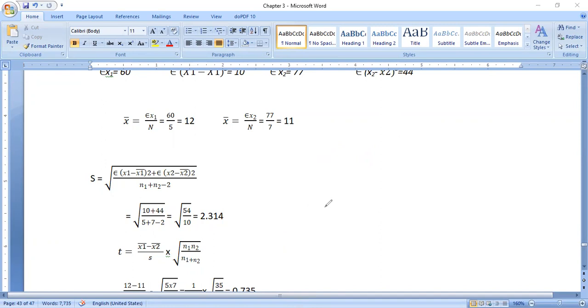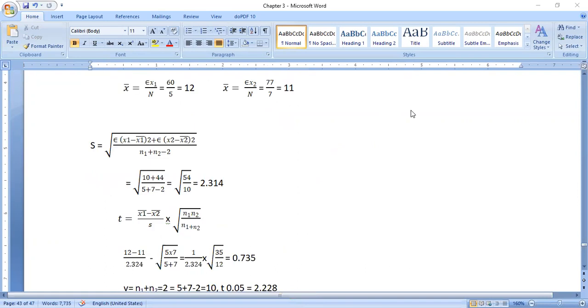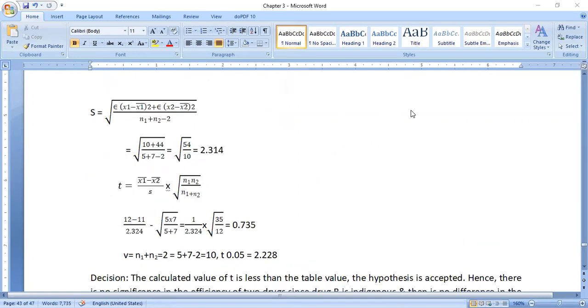Then immediately all the values will be taken. So observe the values. x bar 1 is 12, then x bar 2 is 11.